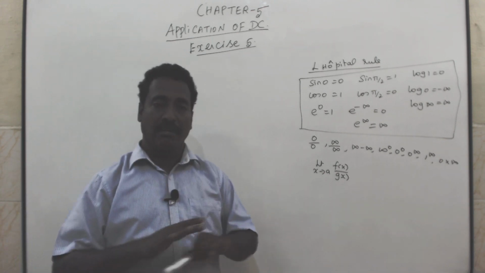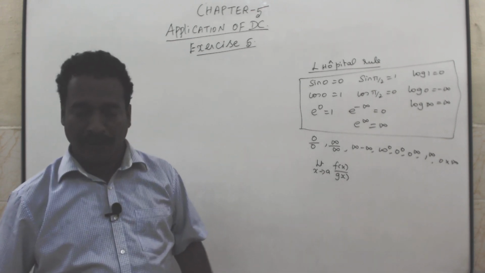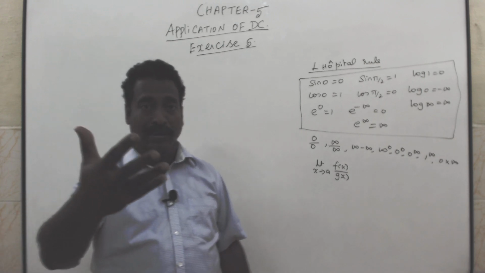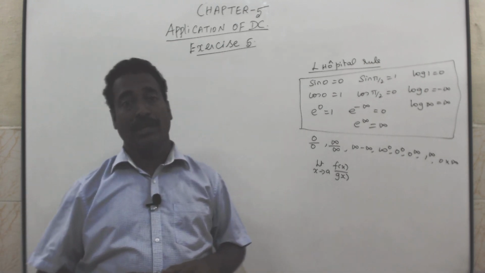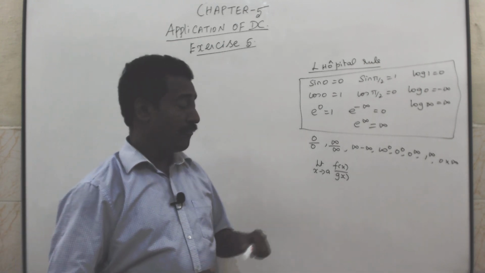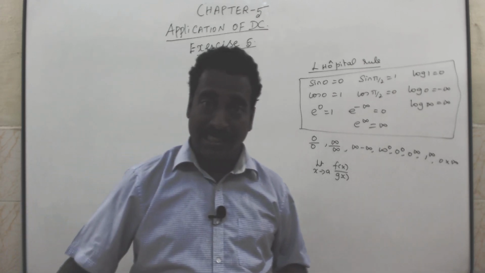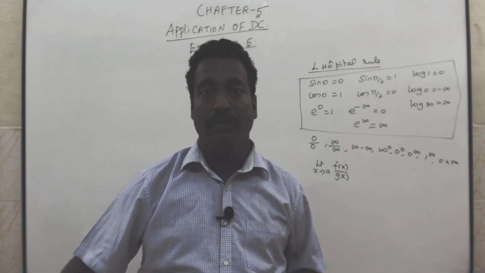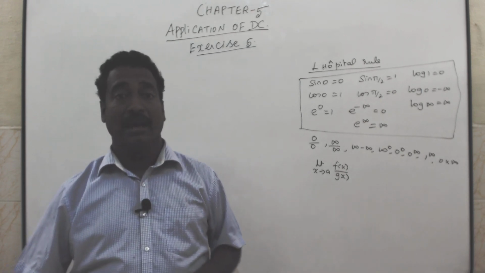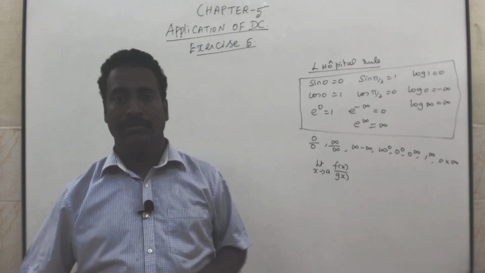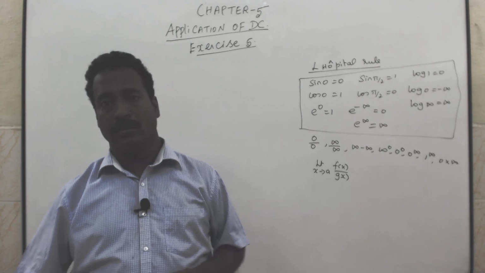We can't apply L'Hopital rule to only the numerator; only with both numerator and denominator can you apply L'Hopital rule. When we substitute the limit, only if the result is in indeterminate form can we apply L'Hopital rule.